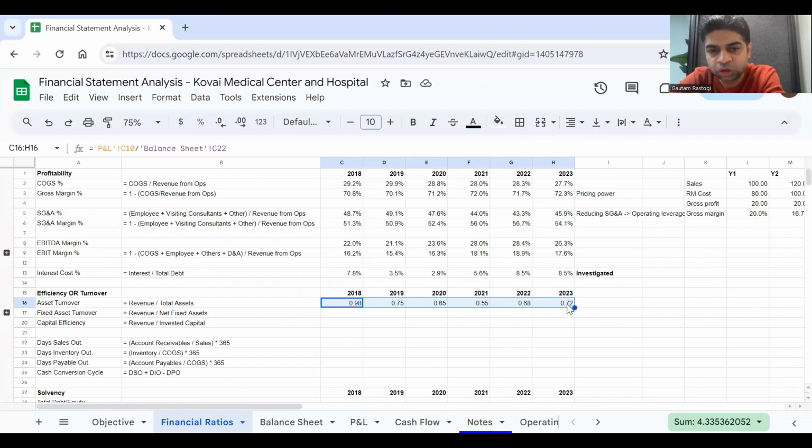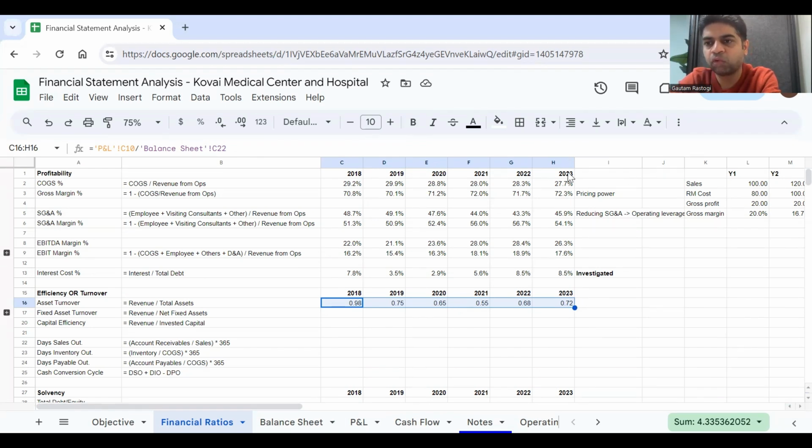So it's hardly generating 1 rupee on every 1 rupee worth of assets. And it has fallen down. The reason it fell is because they did a lot of capacity expansion. They built this medical college, and obviously it takes a while for capacity expansions to reach optimal level of utilization.